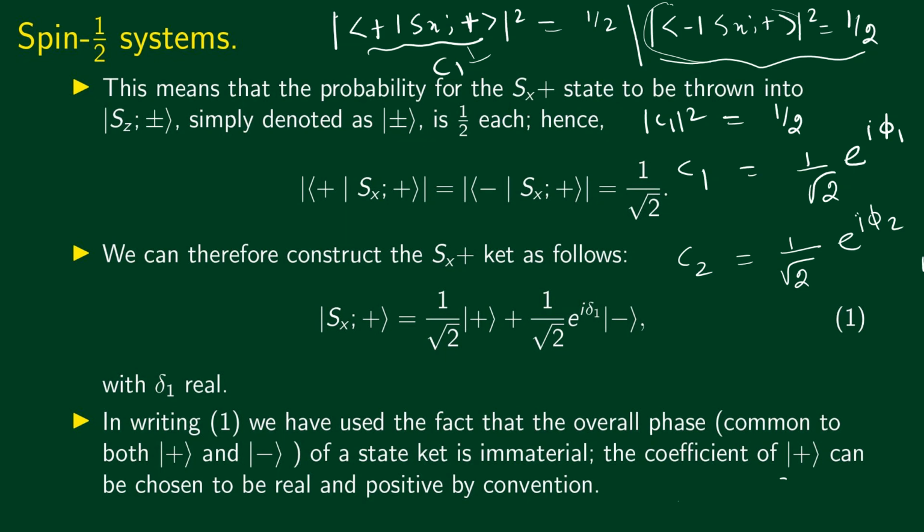This means that now I can write Sx plus as 1 by root 2 e raised to I phi 1 ket plus, plus 1 by root 2 e raised to I phi 2 ket minus. Now I can do something more here.